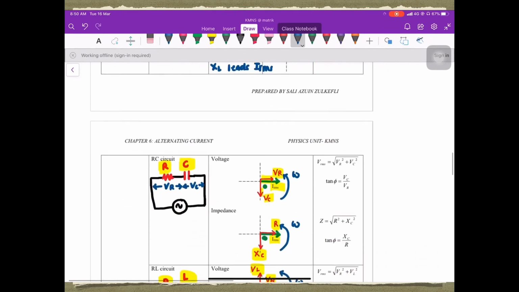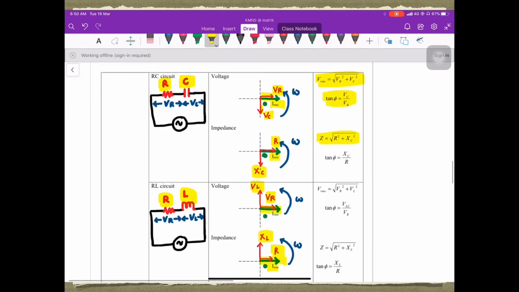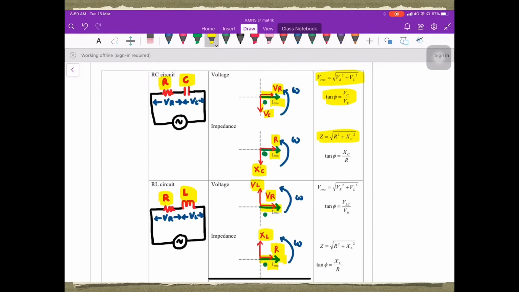Alright. Now we look at the combination of RC, RL, and RCL. I want to show you how we get this equation and also this equation. Basically, refer to the phasor diagram. To determine VRMS, it is the resultant of VR and VC. This is VRMS with angle phi.